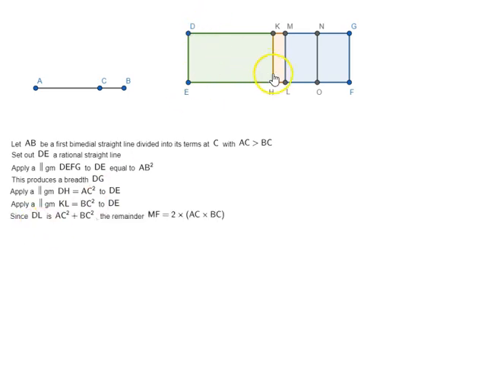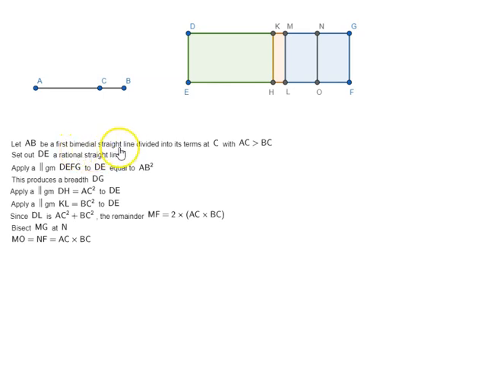Since DL is AC square plus BC square, the remainder MF is equal to 2 times AC by BC. Now we bisect MG at N so that MO is equal to NF is equal to AC by BC.